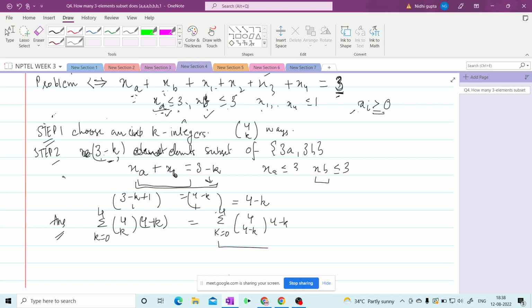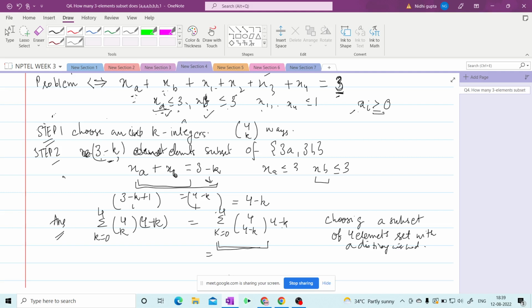This expression we already know, and we can find a closed form for it. So this problem is equivalent to choosing a subset of a 4-element set with a distinguished element.